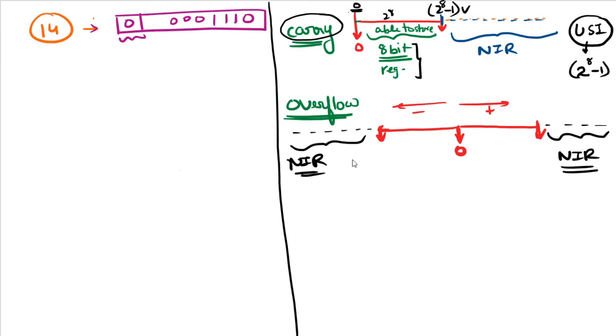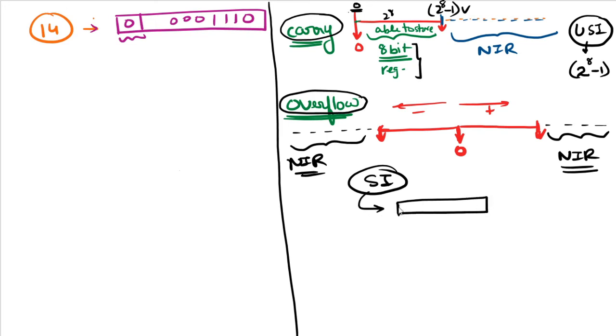Not in range. Now if you want to see the same thing with the overflow situation, that means if we are putting signed integer, how many numbers can we represent here? Let's suppose we have an accumulator register with again 8-bit value, 8 binary cells.